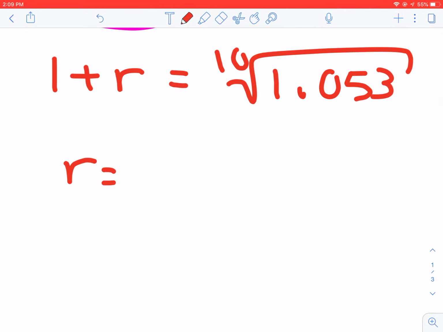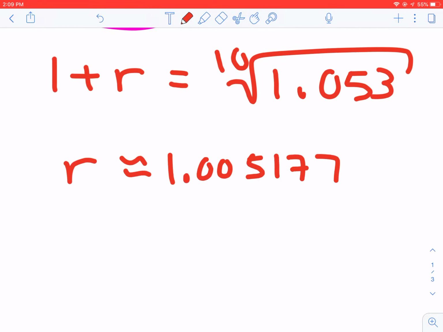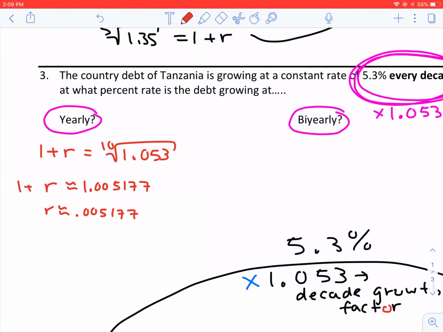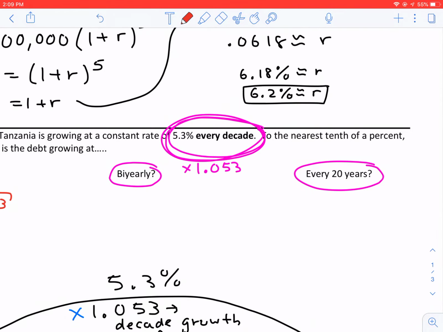The 10th root is approximately 1.005177. Right, 1 plus r is equal to that. So r is about 0.005177. And it says round to the nearest 10th of a percent.